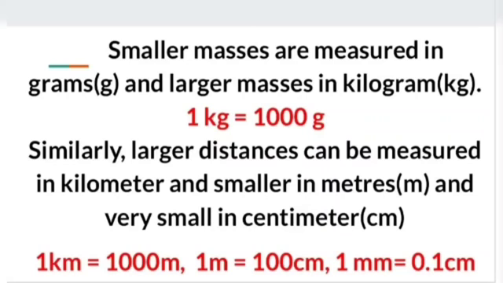In 1 kilometer there are 1000 meter, means 1 kilometer is equal to 1000 meter. 1 meter is equal to 100 centimeter, means in 1 meter there is 100 centimeter. And 1 millimeter, this mm is millimeter, is equal to 0.1 centimeter.